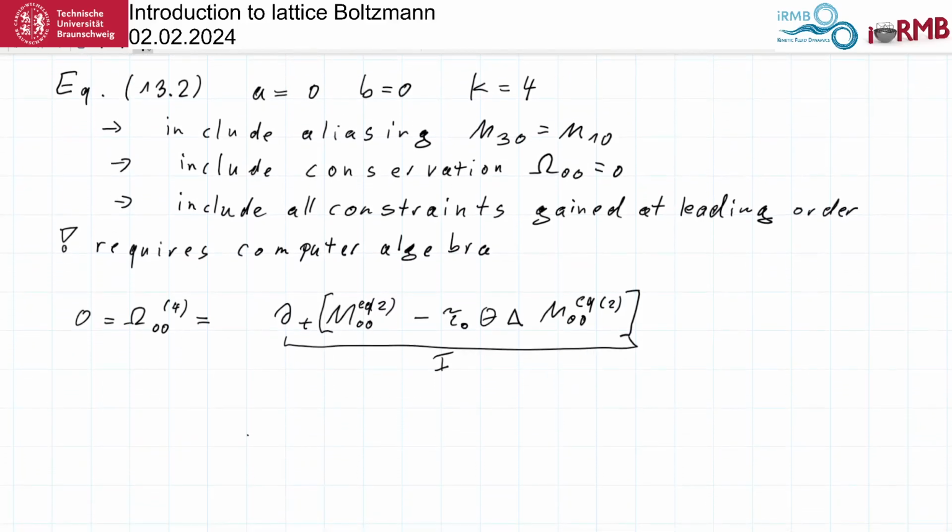And then it goes on with tau odd times tau even times theta plus tau odd square theta minus theta 1/4 into dt Laplace M00 equilibrium 0. And now the important thing here is that this here is the solution.